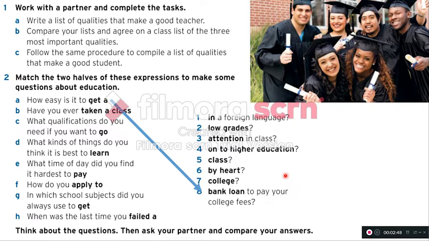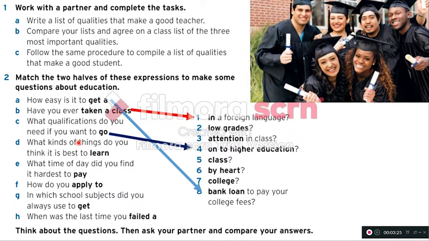All right, let's take a look. In letter B, we have: have you ever taken a class in a foreign language? Well, we know that when you are talking about classes, you take the class. This is the correct way to say it. You take an English class, you take a math class, so take a class. Then, let's see, what qualifications do you need if you want to go on to higher education?